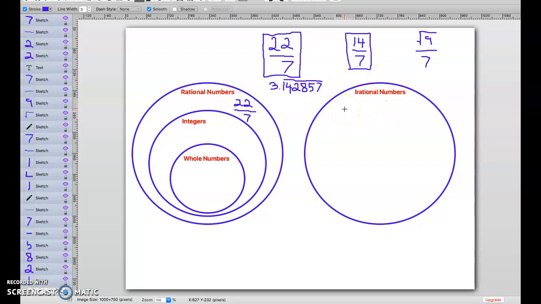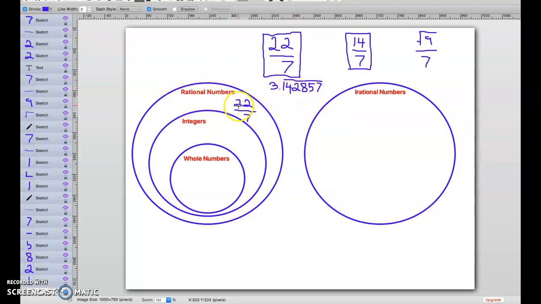Irrational, not rational. So irrational numbers can be like crazy looking decimals. This isn't quote unquote crazy. This is a decimal that repeats. It has a pattern. When a decimal doesn't repeat, then it goes in the irrational number circle. But again, this is a decimal that repeats, so we say that it is a rational number.